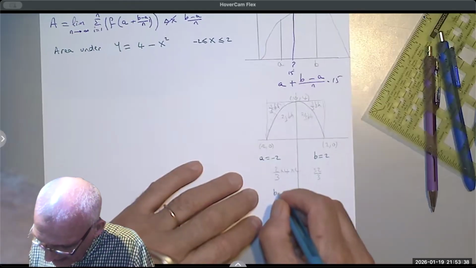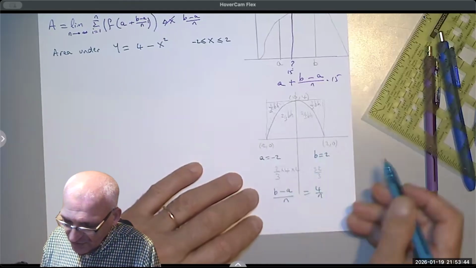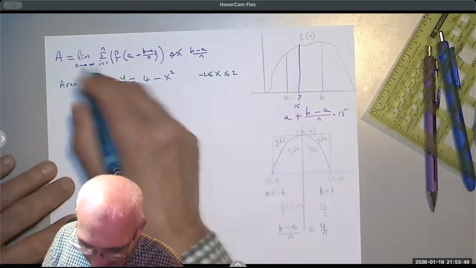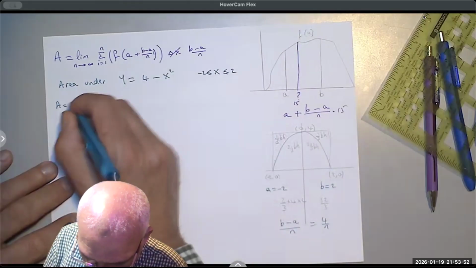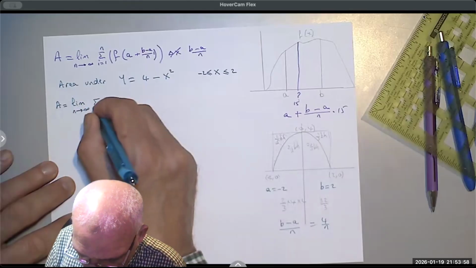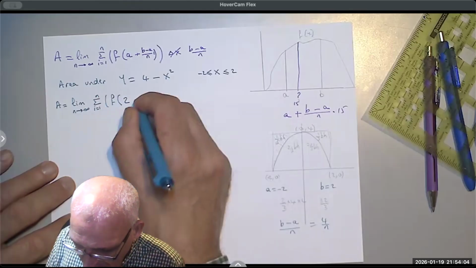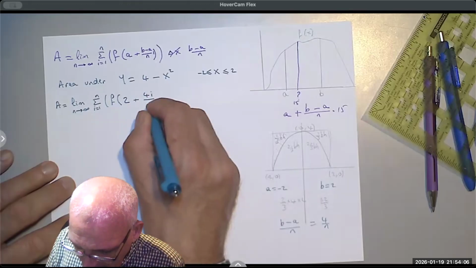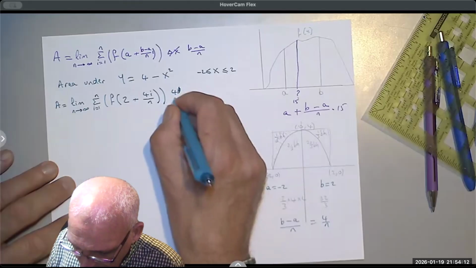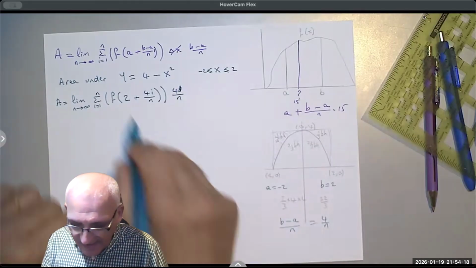So B minus A over N is 4 over N, right? 2 minus -2 over N. Now I can rewrite this as A equals the limit as N approaches infinity of the sum of I going from 1 to N of f of 2 plus 4I over N, times 4 over N. There is no I outside, of course. It's f of x times delta x. That's the height, that's the base.